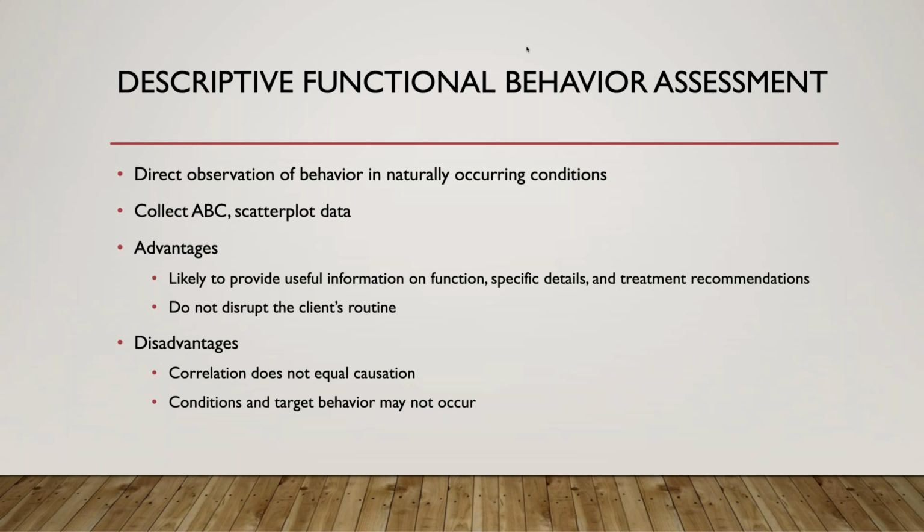The advantages are that it's likely to provide useful information on the function. It's likely to provide specific details and treatment recommendations. So based on that situation, we can go straight to, okay, we need to work on flexibility with meals, and we know the specific antecedents, and we can make specific treatment recommendations, such as how we're going to reduce tantrum behaviors for getting chicken nuggets.